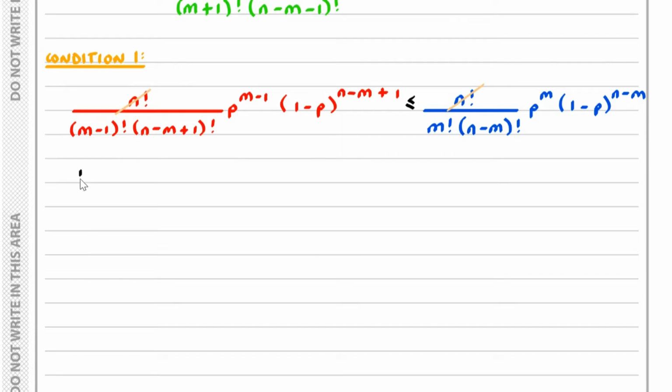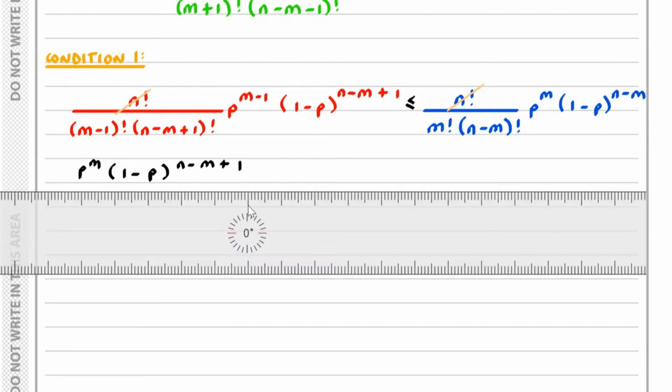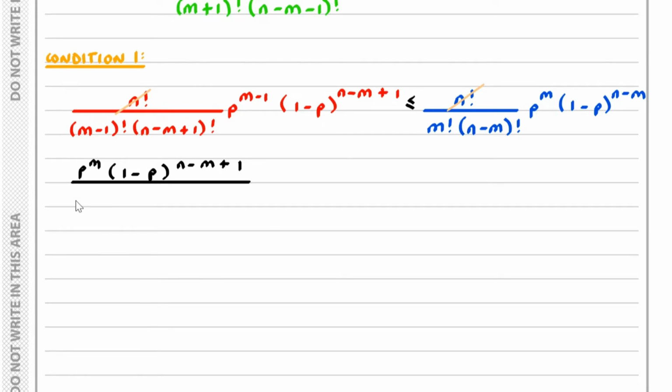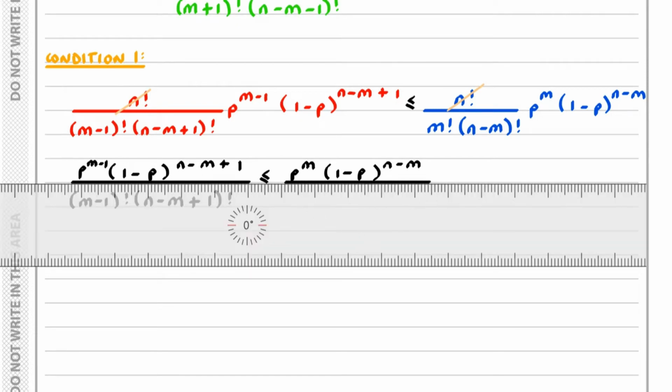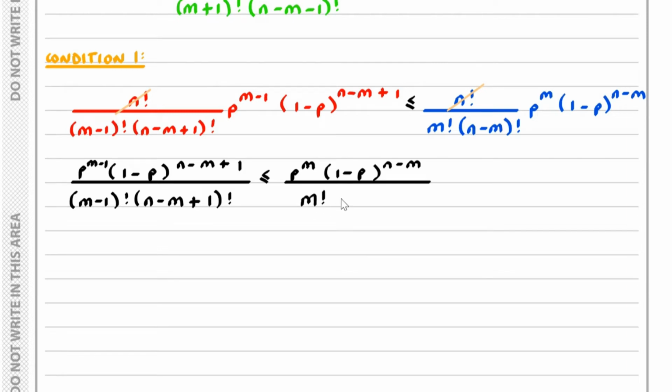So what we are left with is p to the m times 1 minus p to the n minus m plus 1, divided by m minus 1 factorial times n minus m plus 1 factorial, and this is less than or equal to p to the m multiplied by 1 minus p to the n minus m, and then we are dividing this by m factorial times n minus m factorial.